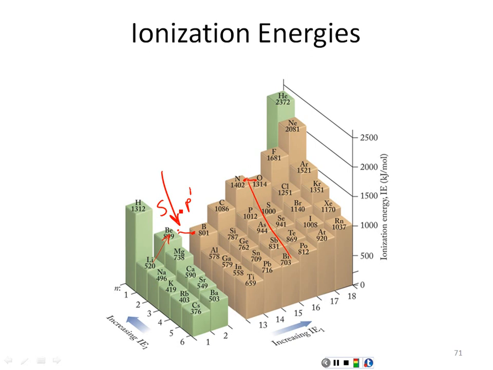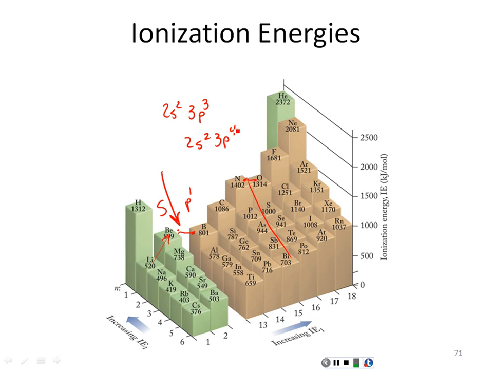The next transition, as we see here between nitrogen and oxygen, there's actually a small step down there. And why is that? That's because if we look at the actual electron configuration, nitrogen would be 2s2 2p3, and oxygen is 2s2 2p4.